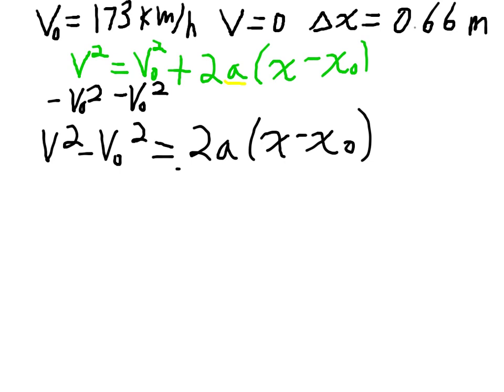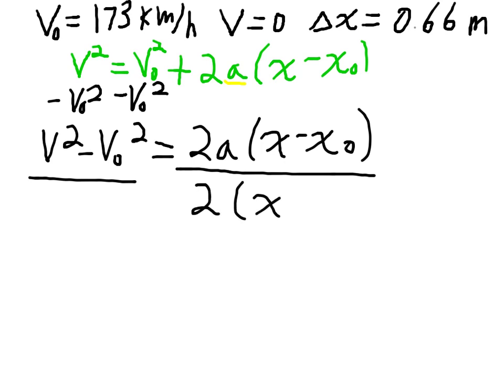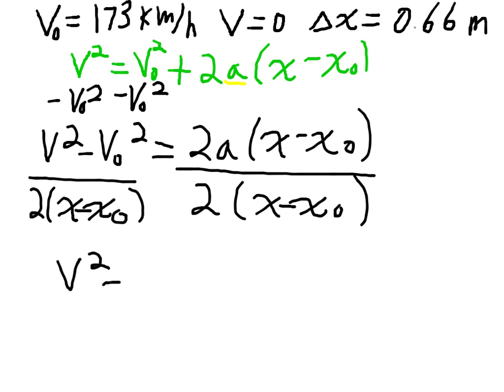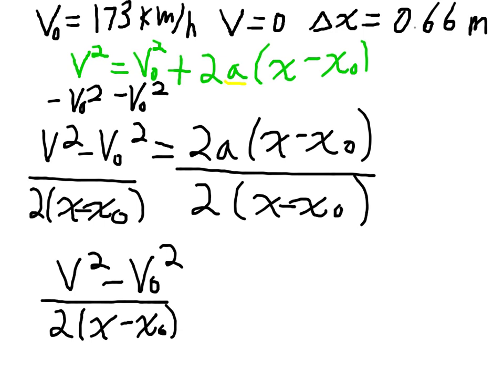Alright, now I'm going to divide by everything that's not a on the right side, 2 times (x minus x naught). I keep forgetting that minus sign. Alright, now cleaning that up, I have v squared, which is v final, minus v naught, which is v initial, both squared, all over 2(x minus x naught). That is equal to my acceleration.